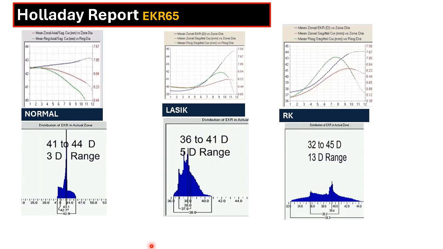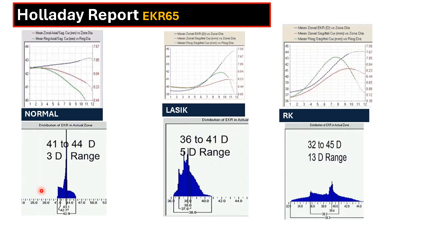In this slide, I will explain the distribution of the power of the EKR 65 along the optical zone of 4.5 millimeter, and the meaning of the EKR graph, this one, which is named the histogram. Now, if you look at the first picture here on the left, it shows the EKR distribution of a normal cornea.